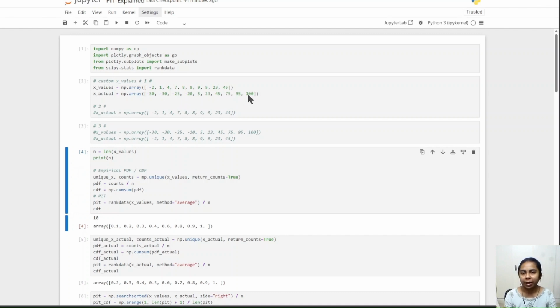So they are more widely distributed, and also there are more extreme values when compared to the x values predicted by the model. So I have taken a discrete example without assuming any underlying distribution here for simplicity. And going further, this is the code just to have the PDF and CDF functions.